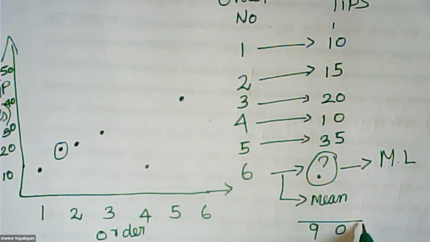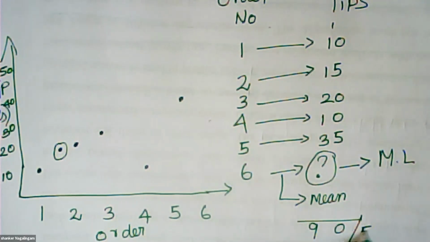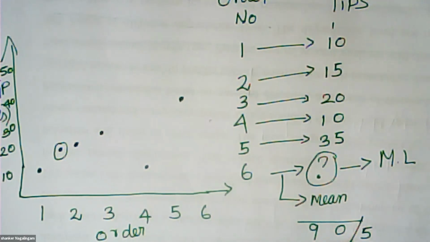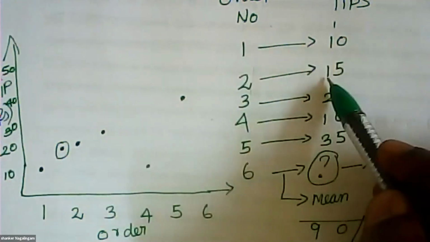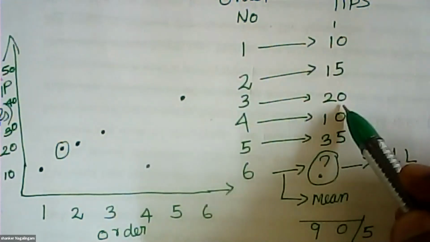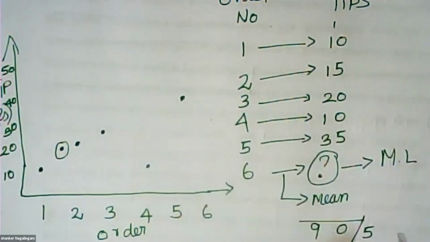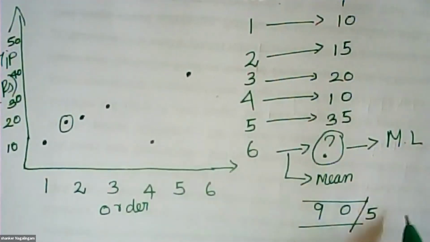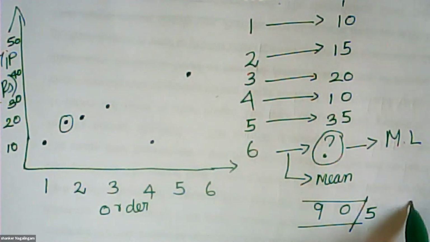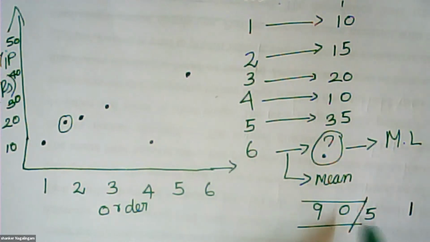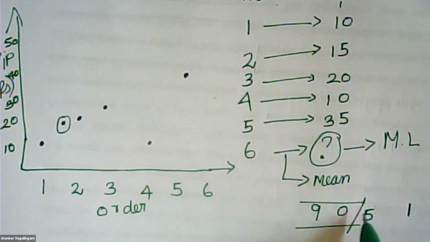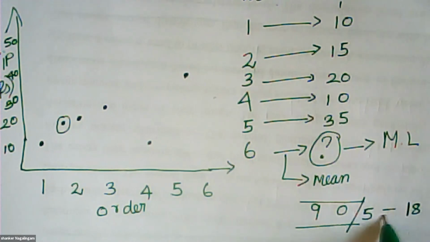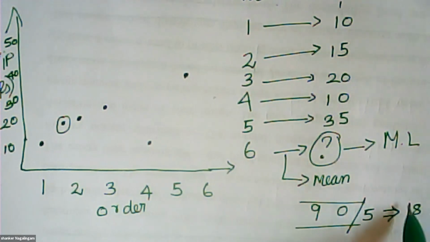Now, if I divide 90 by 5, what is the average? It is around 18. Your average is 18 rupees.